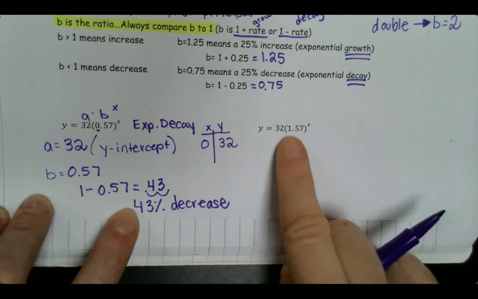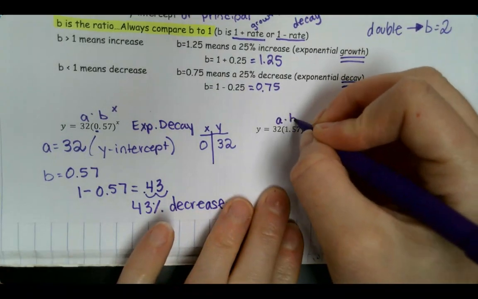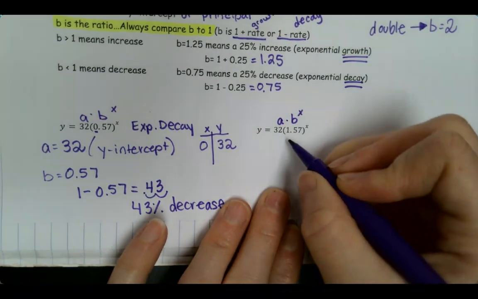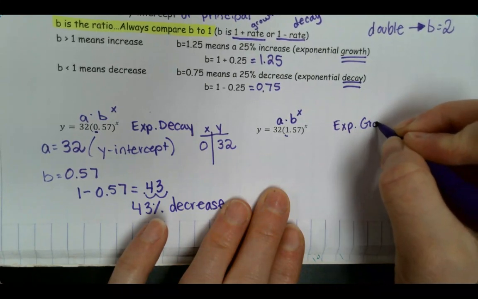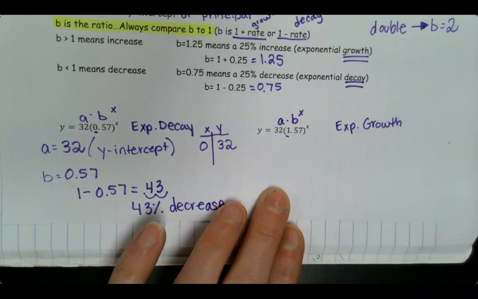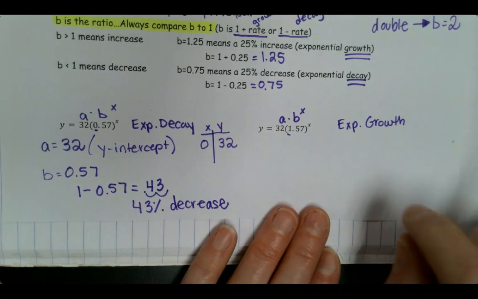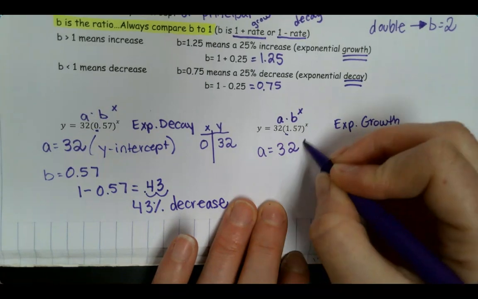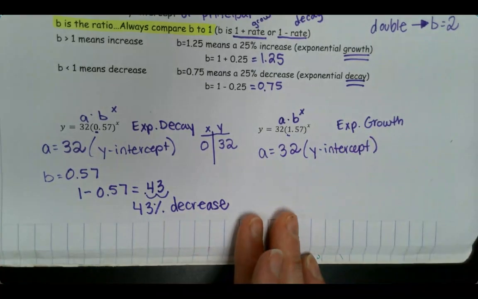So let's look at the increase one. Let's look at this one: 32 times 1.57 raised to the x. So write this above it: A times B raised to the x. Because we have 1 up top, that means this is exponential growth. So a lot of times you can narrow down your choices based on increase and decrease. Growth means we're going to have an increase. So again, A is 32, which is our y-intercept, or our starting amount, or our principal amount, all those different things.